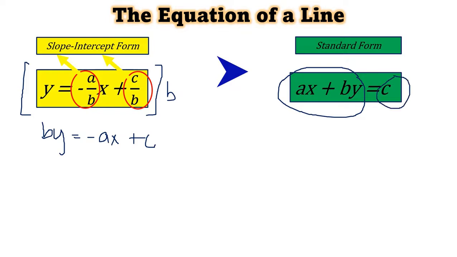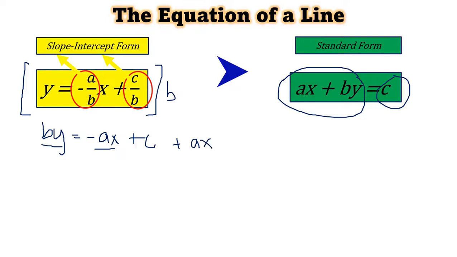To have both by and negative ax on the left side of the equation, we apply the addition property of equality. We add the additive inverse of negative ax, and the additive inverse of negative ax is positive ax.